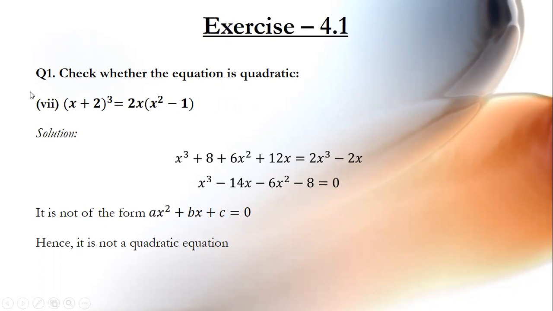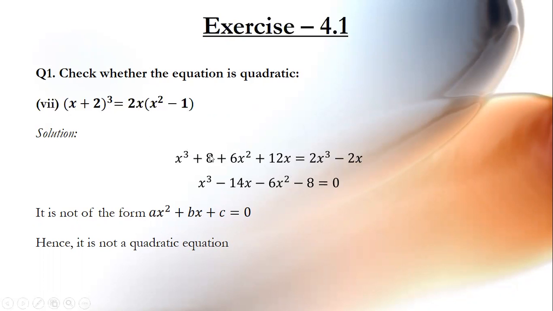Now moving on to the seventh part, here we are having x plus 2 the whole cube, which is equal to 2x into x square minus 1. So here, let us open a plus b the whole cube formula. So we'll have x cube plus 8 plus 6x square plus 12x, which is equal to, multiplying it inside, 2x cube minus 2x.